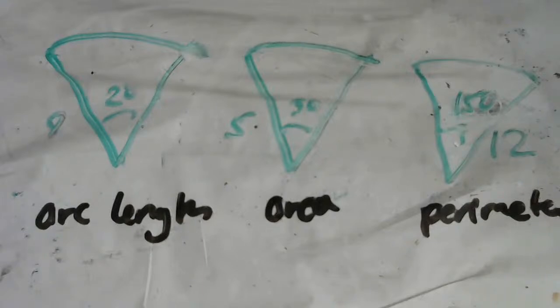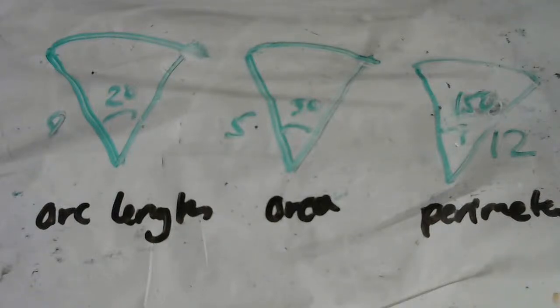Okay, what have you got there? So your arc length first, 2.60. So 30 over 360 times by 2 times by pi times by radius, 5/6 pi. Yep, looks good.